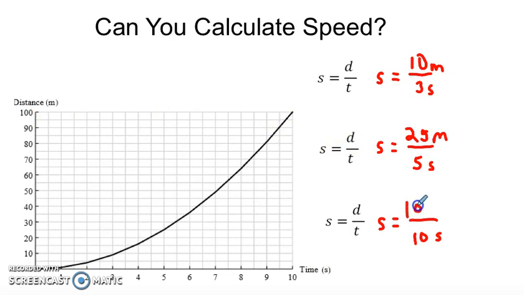So 100 meters divided by 10 is going to end up being 10 meters per second. You can see at 10 meters per second, they have actually traveled faster than they had in all these, because these were different points in the line where they were traveling a little bit slower. So I hope this has been an informative video about speed.